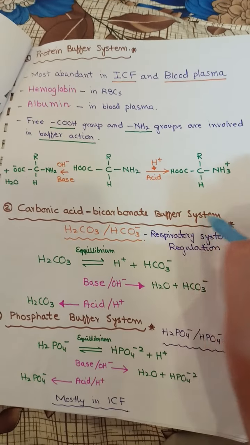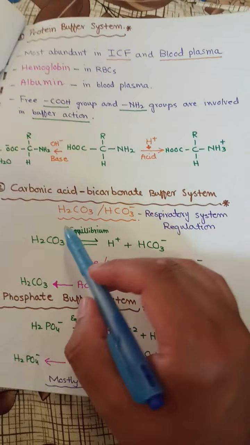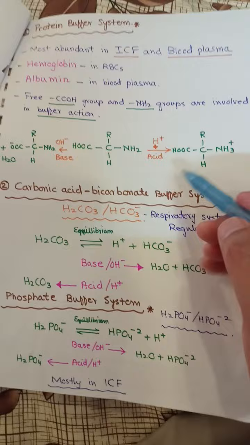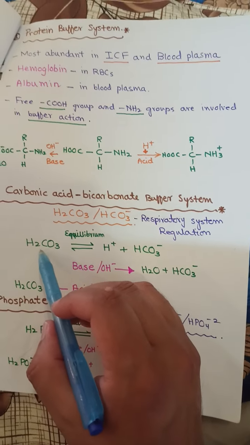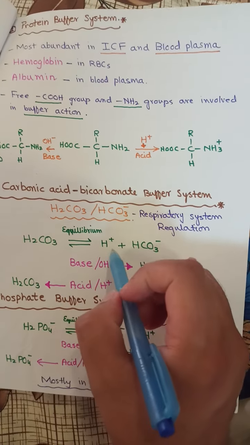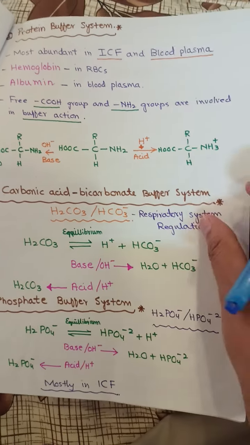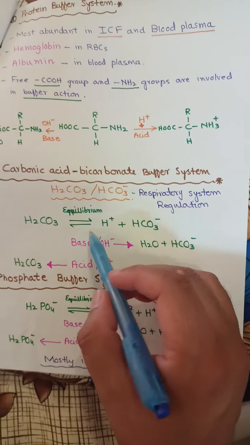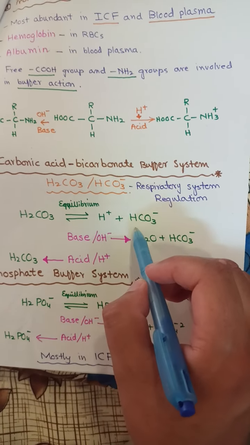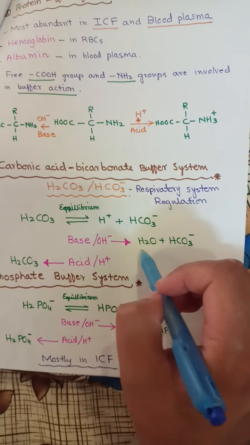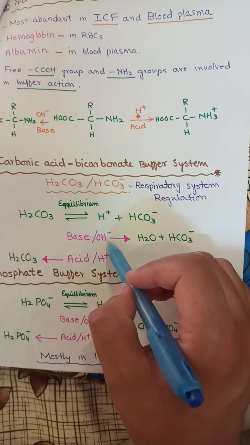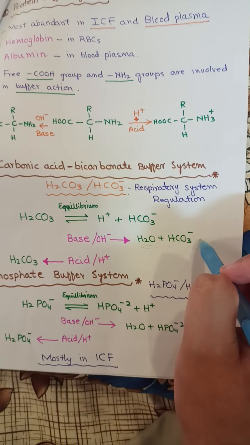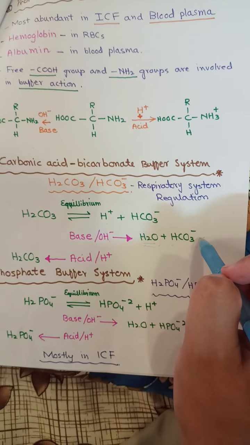Carbonic acid-bicarbonate buffer system. It is also regulated by the respiratory system. Here we have shown the equilibrium in which carbonic acid and bicarbonate ion occur. During a basic condition, when hydroxyl ion increases, the system will shift towards the right. The hydroxyl ion reacts with hydrogen to produce water and bicarbonate ion, which is the conjugate base of carbonic acid.